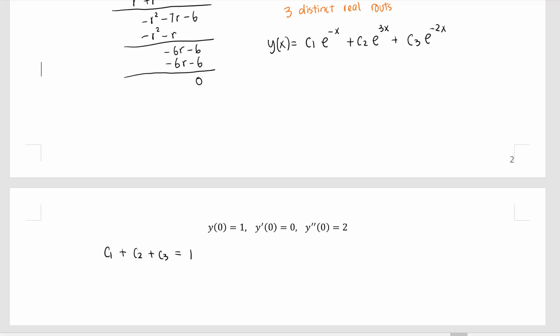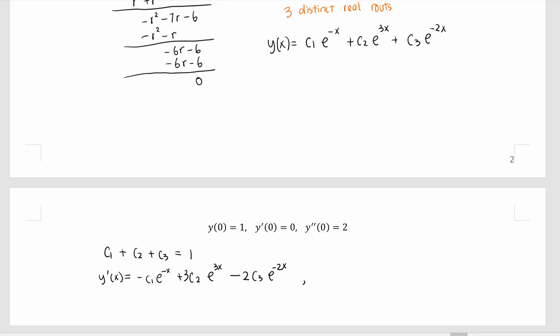Okay, to find y prime, we need to take the derivative. So the derivative is C1 times the derivative of e to the minus x, which is minus e to the minus x, C2 times the derivative of e to the 3x, which is 3 e to the 3x, and C3 times the derivative of e to the negative 2x, which is negative 2 e to the negative 2x.